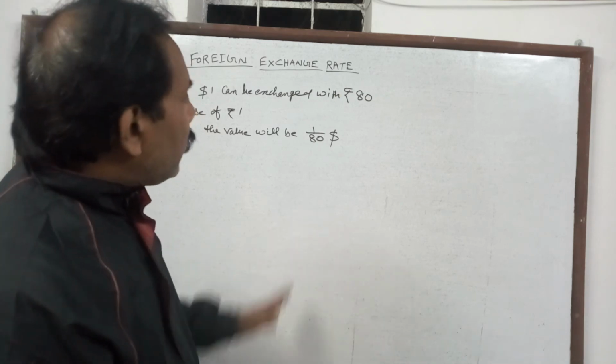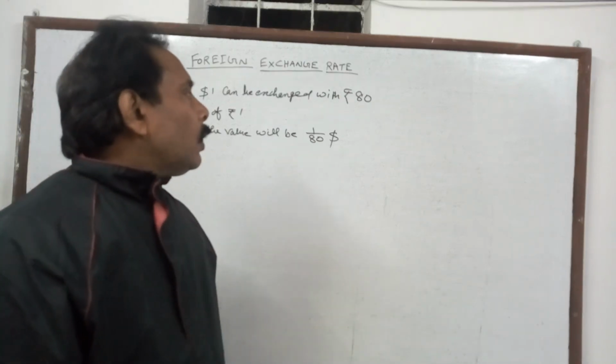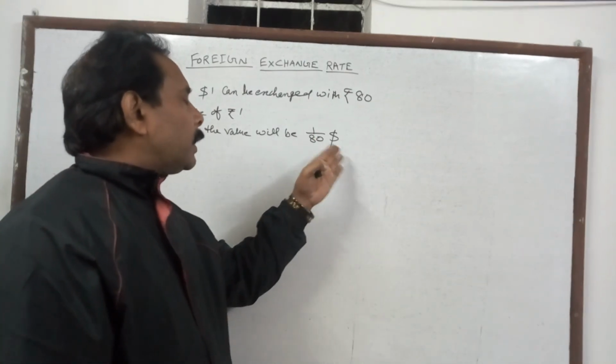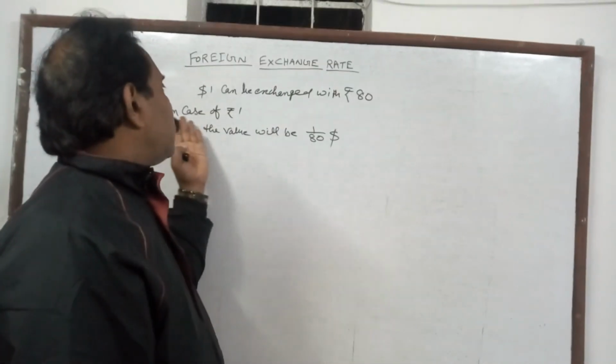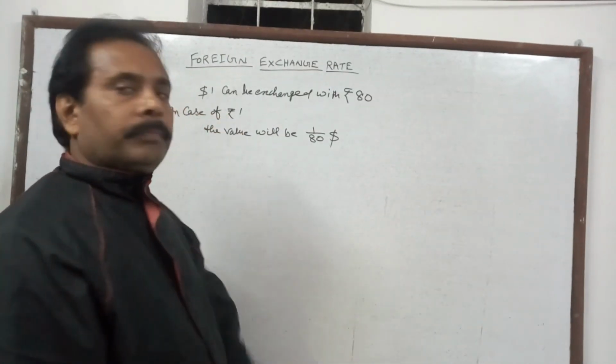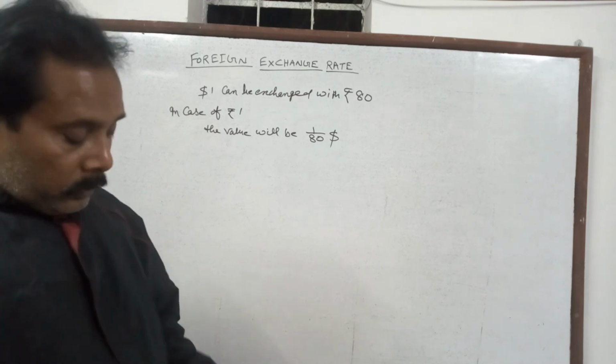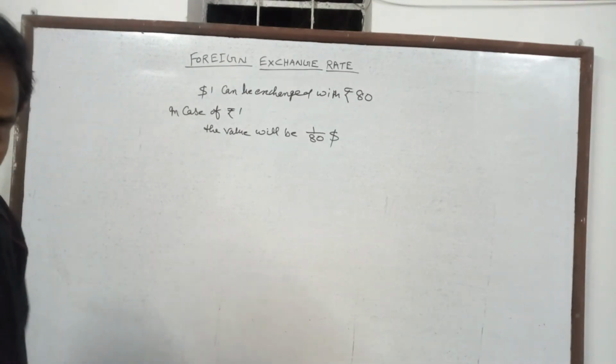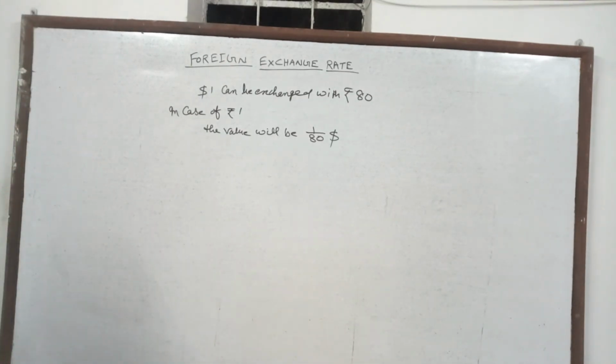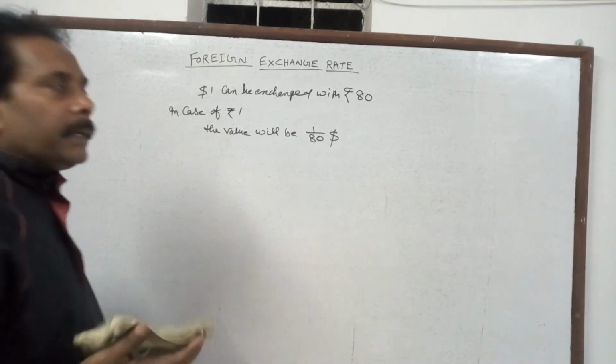Okay? So here 1 divided by 80, that will be the value of rupees 1. Clear? Now come to the next topic, and our next topic is known as currency depreciation.